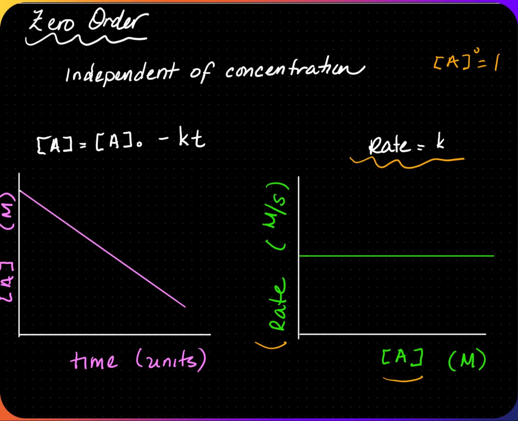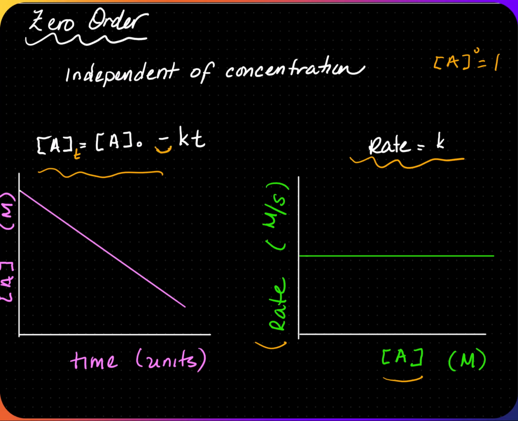If we integrate that, we will get the following formula, which says that A concentration at some time t is equal to A concentration naught, which is the initial concentration, minus kt. If I plot the A concentration in molars versus time, you will get a linear line. It is a negative slope because we have a negative in front of the k.